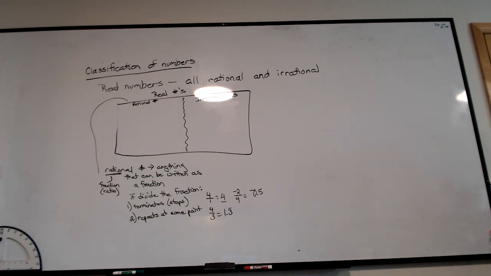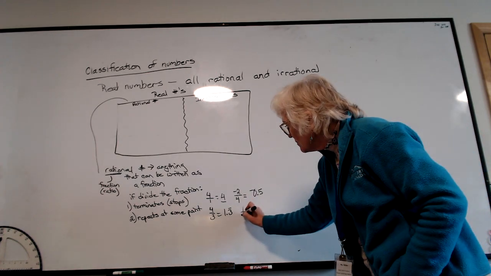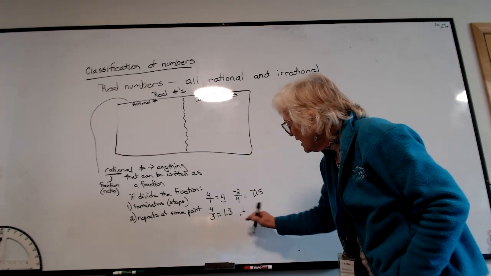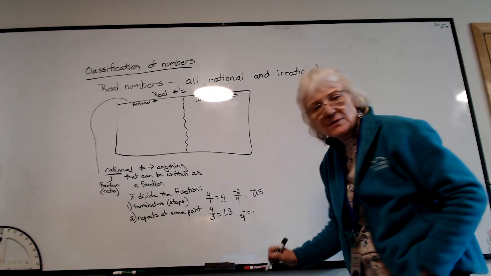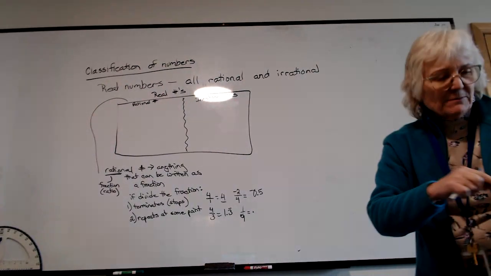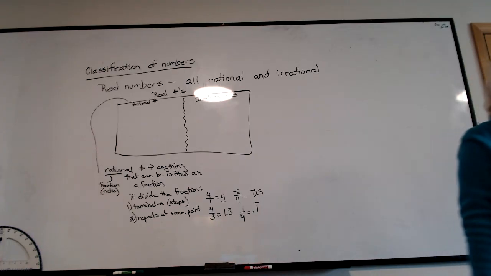That's what a repeating decimal is. If you do things like 1/7, I don't remember, I shouldn't do that one. I'll do 1/9. I think that's 0.1111. I'm pretty sure. Let me make sure. Yes, it is. 0.1 repeating.